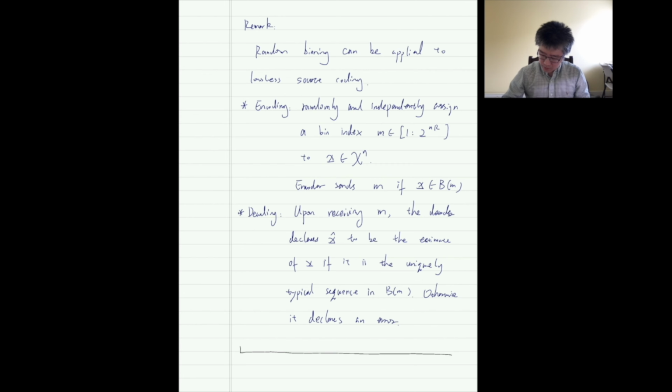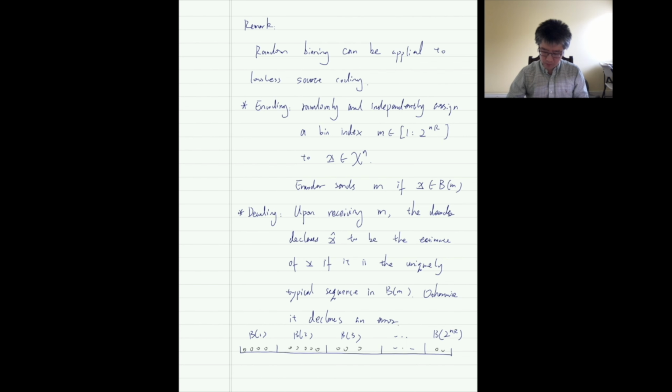It might even be simpler than before. So we see, for example, bin 1, bin 2, bin 3, and so on, up to bin 2 to the power of nR. After this random binning, we can see there are a number of source symbols in each bin.